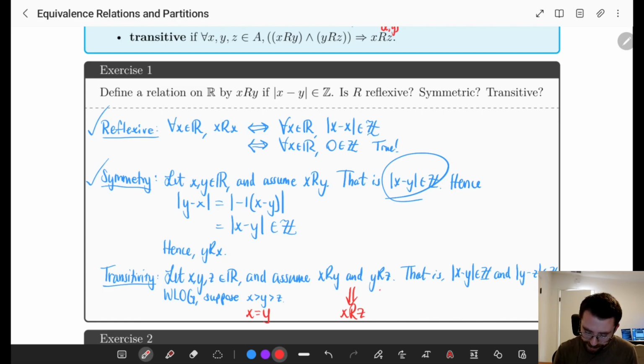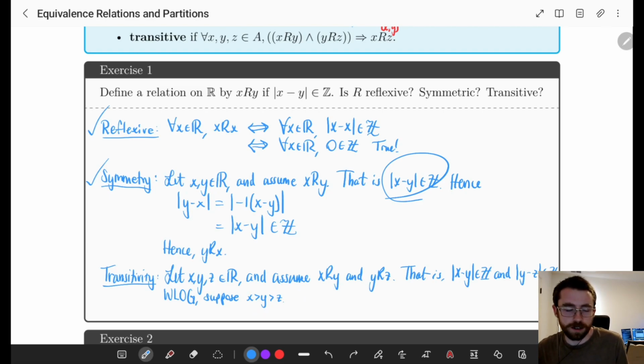If I'm assuming x is equal to y, then this y here is actually an x. So x is related to z. Ta-da, I'm done. So I'm ignoring that case because it's not too hard once you sit down and think about it. And so instead we're assuming all the real numbers are distinct and they have some order to them. Hopefully that's okay. Or hopefully you're amenable to that.